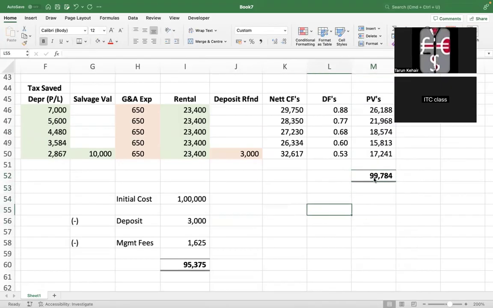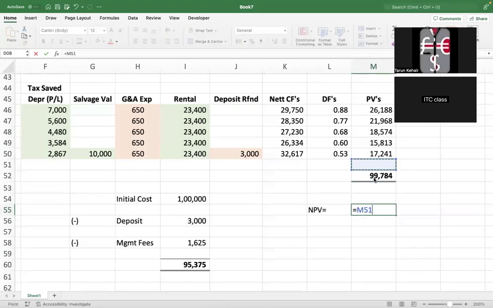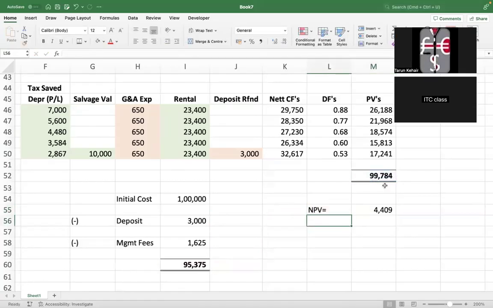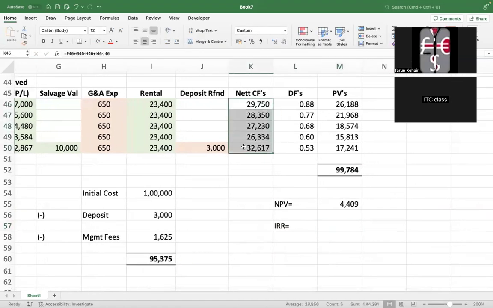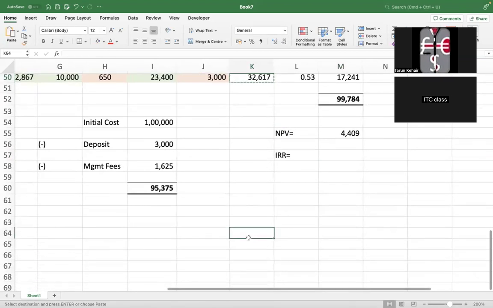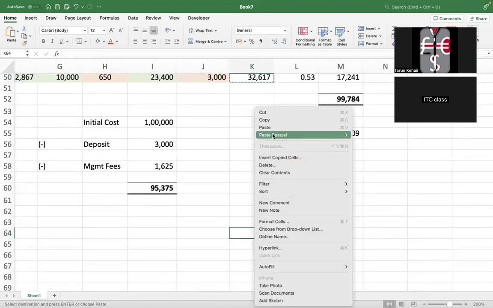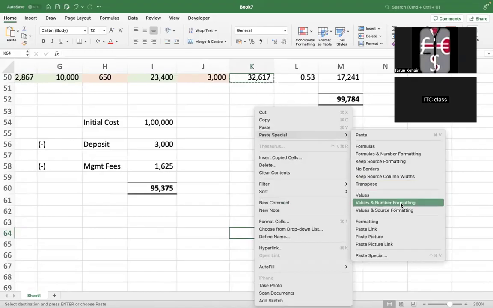So what will be your NPV? NPV will be your total cash inflow present value minus the cash outflow ka present value, which is 4409. Now that's a positive. And how do you calculate IRR here? For IRR, what you do na? Just take these cash flows. इसको यहाँ नीचे कहीं paste कर दो.